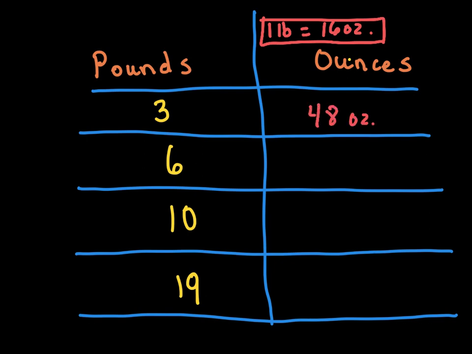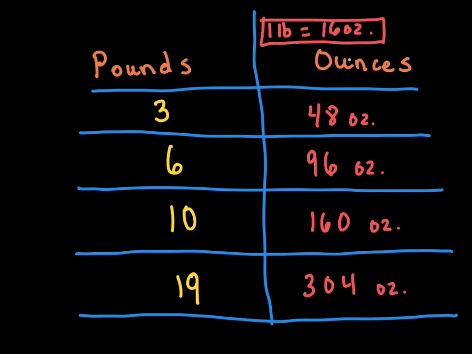What about 6 pounds? 16 times 6 is 96 ounces. 10 times 16 is 160 ounces. Because 1 times 16 is 16, and then you add on your 0. And 16 times 19 is 304 ounces.